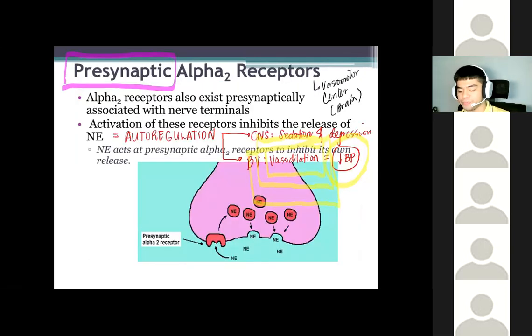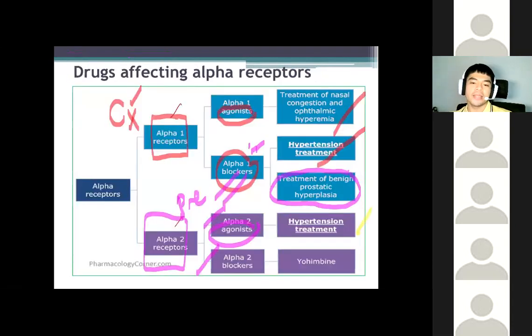So connected siya. Next, ang alpha-2 blocker naman, ito less likely observed in the clinical setting. Example is yohimbine. Ang clinical use ng yohimbine is for erectile dysfunction or ED. Pero less commonly used siya compared sa ibang mga erectogenic drugs.